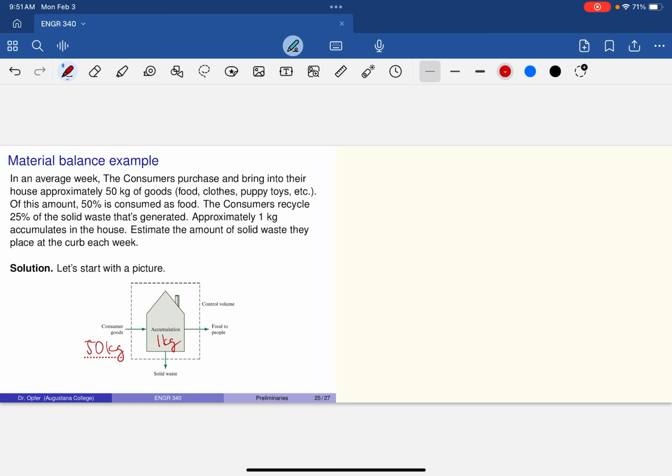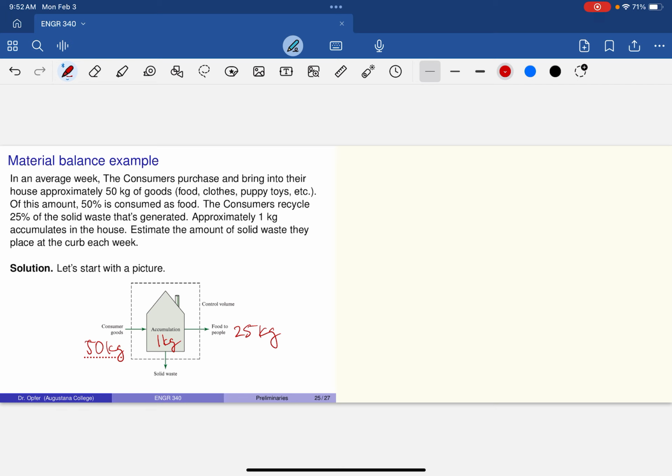And we're told 50% is consumed as food. And then that's going to power our cells and then leave the house as waste. So we'll treat that as an output. So if we've got 50 kilograms total coming in and 50% is consumed as food, then we know 25 kilograms is leaving as food.